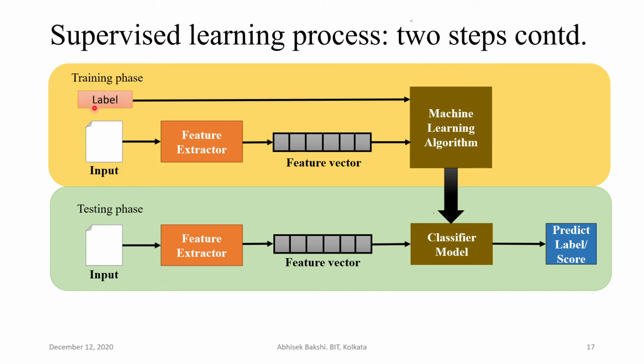This label may be real valued, or maybe some discrete class label, depending on whether it is a classification task or a regression task. And this machine learning algorithm creates this machine learning classifier model which takes the other inputs and predicts this class label.